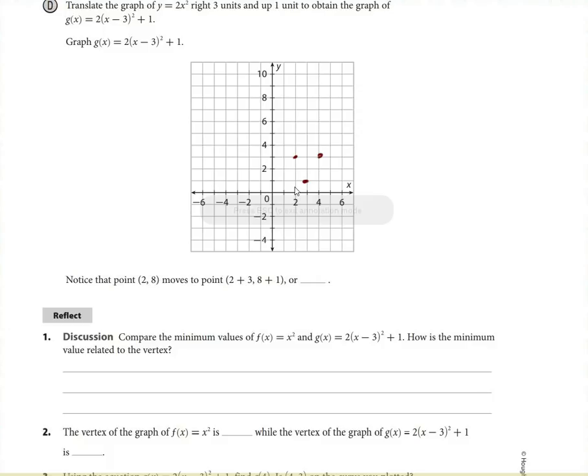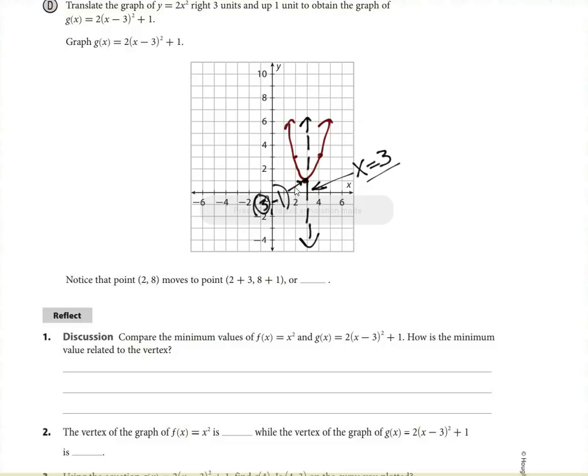So it is this vertical line right here that splits the graph up into 2 equal halves, and that equation is x equal to 3. Notice it is not a coincidence that it is the same as the x coordinate of the vertex.